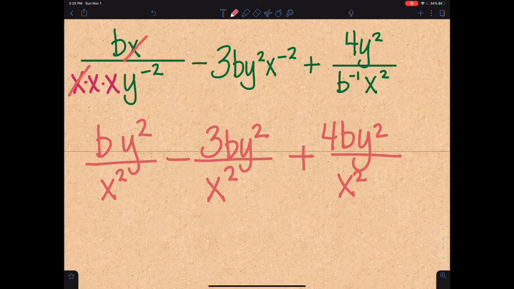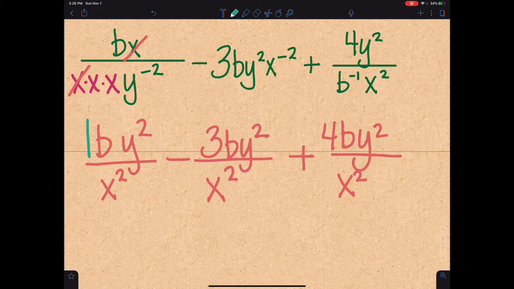Okay, now what do I notice? I notice that I have like terms because I have by squared over x squared, by squared over x squared, and by squared over x squared. So now I just need to deal with the coefficients, and I can just add all of these together. Over here, we have a coefficient of 1 by squared.